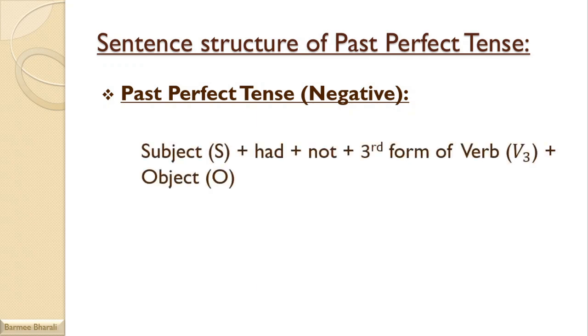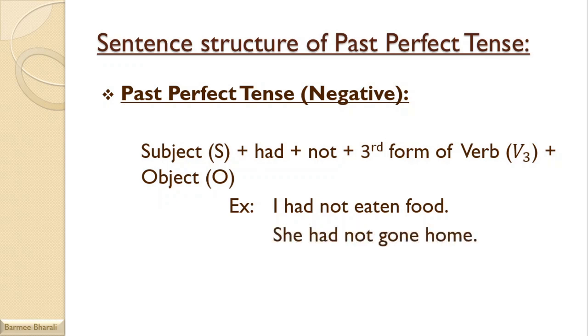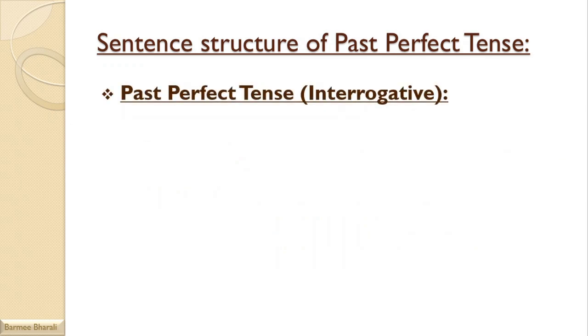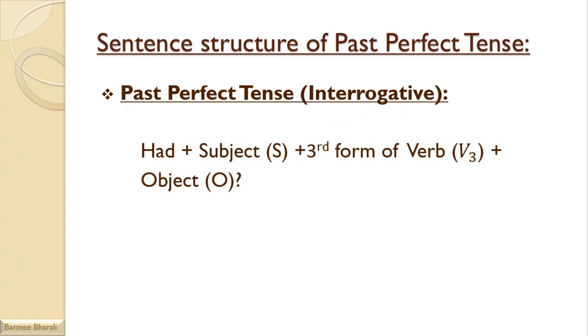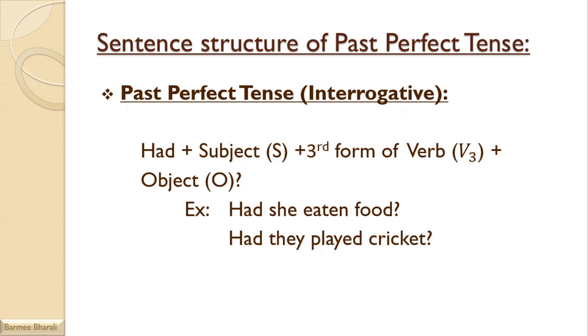Subject plus had plus not plus V3 plus object. For example, I had not eaten food. She had not gone home. Past perfect tense interrogative. Had plus subject plus V3 plus object question mark. Had she eaten food? Had they played cricket?